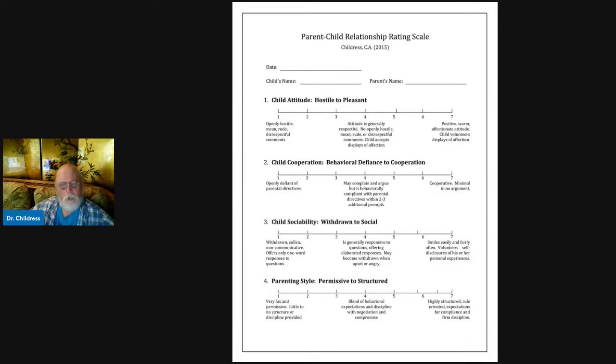Then the third rating is the social involvement, because I don't want the kid coming over and just sort of being superficial, but then going and hiding in their room. We want them coming out, participating in the family. And again, we want normal range 3, 4, 5. And so every day, the targeted parent would rate the child on those three items and email those three numbers to the family therapist.